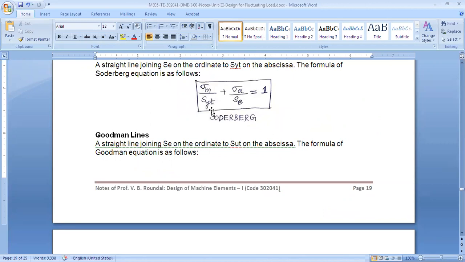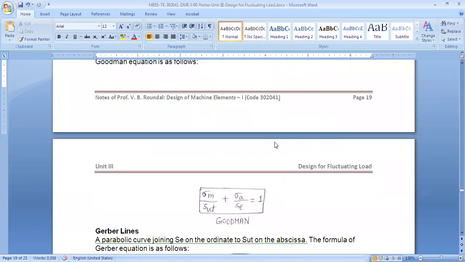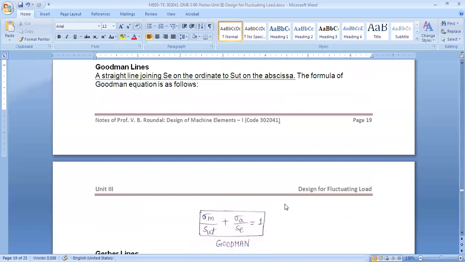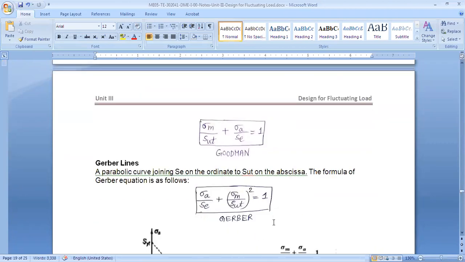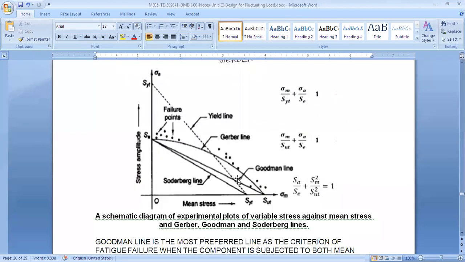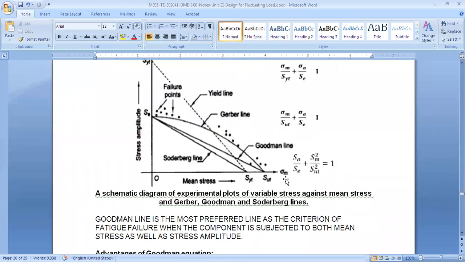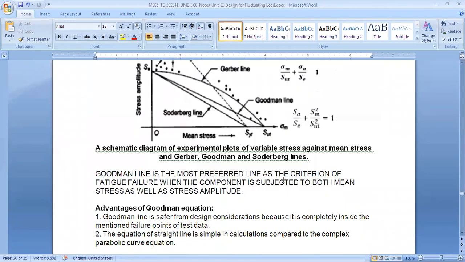Sigma m upon SUT plus sigma a upon SE is equal to 1. And the Gerber curve or Gerber parabola equation: sigma m upon SUT squared plus sigma a upon SE is equal to 1. Got it? So we now have a pretty clear idea of what these lines are, how and why we draw them, and what the different equations of these lines are.